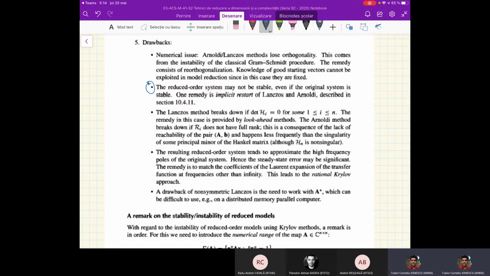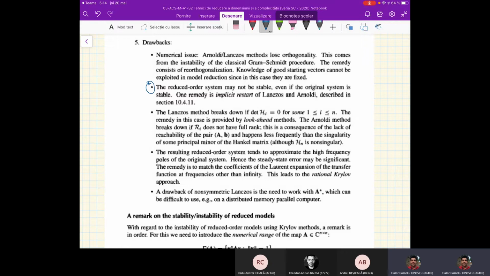I've been working on this procedure, and I can tell you we can easily overcome this drawback of stability, because we can impose stability on the reduced order model. Okay, but per se, this is the reality.